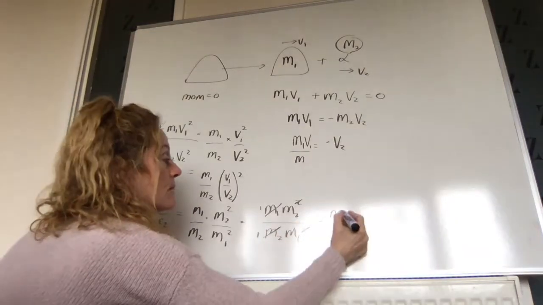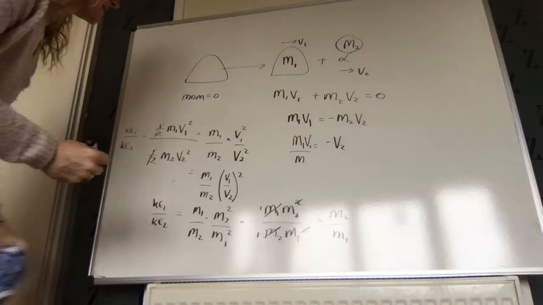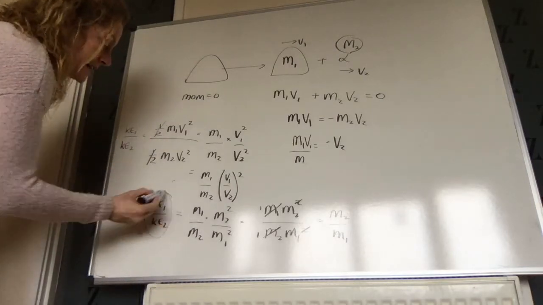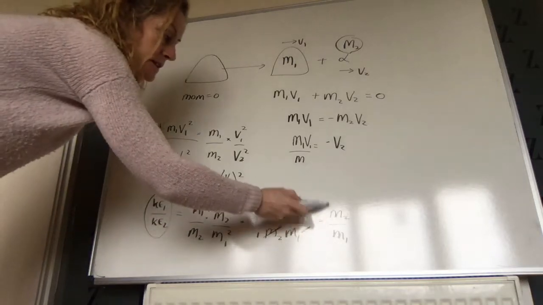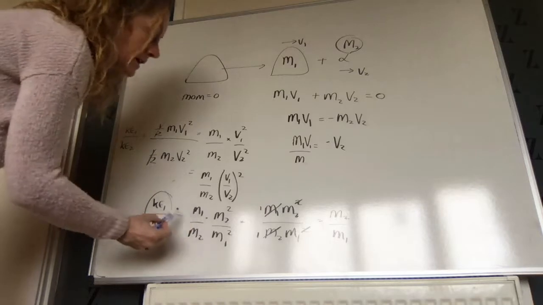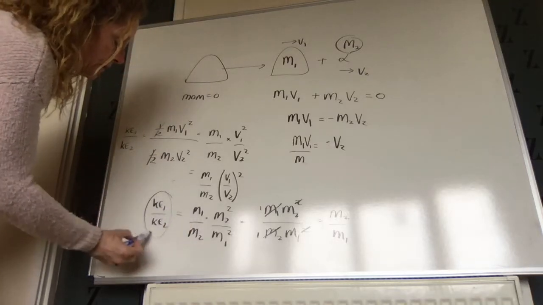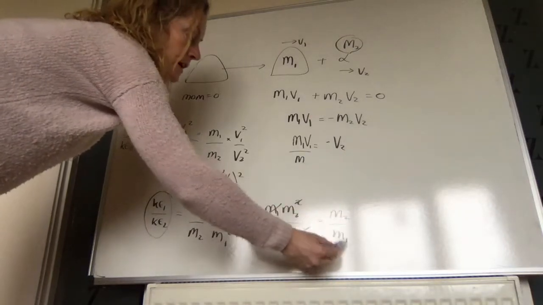So we end up with M2 over M1. So the important point here is the ratio of the kinetic energies of the two products is the ratio of their masses, but it's the inverse. In other words, kinetic energy 1 over kinetic energy 2 is equal to M2 over M1.